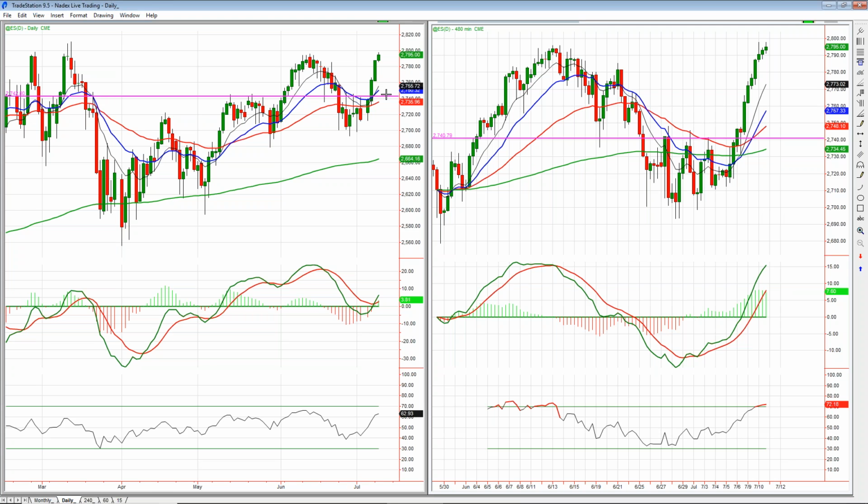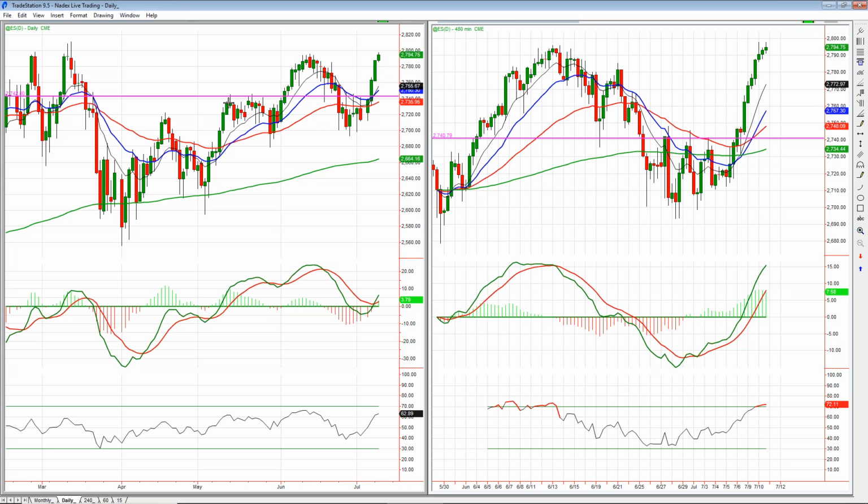If we did get a pullback, I would estimate potentially maybe a 50% retracement of this move from the swing low to the swing high, which might put us right in around that previous resistance or support level right here. And if we got a pullback right back into there and then a move back up, then that would pretty much be our 4th touch as far as this flat level is concerned.